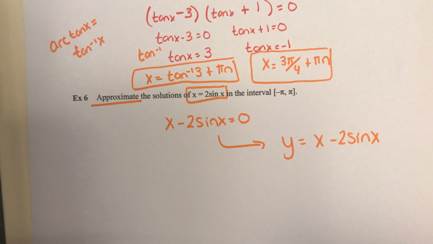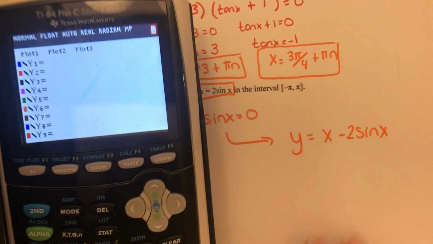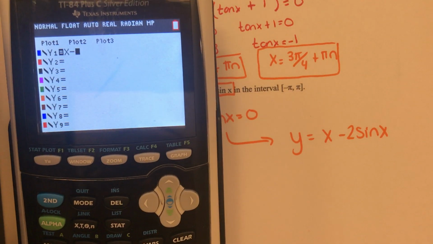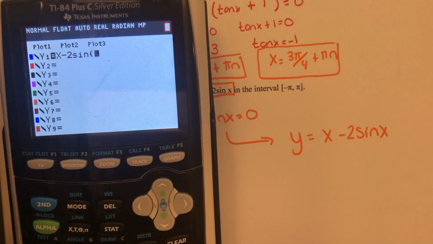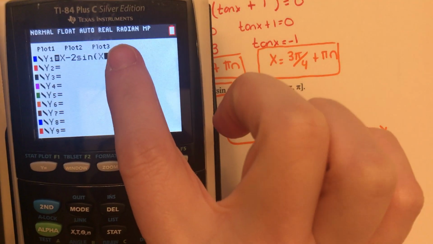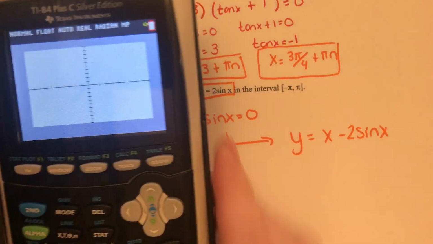Okay, so I've got my calculator here. I'm going to plug in x minus 2 sine of x, and I can see at the top I am in radians.